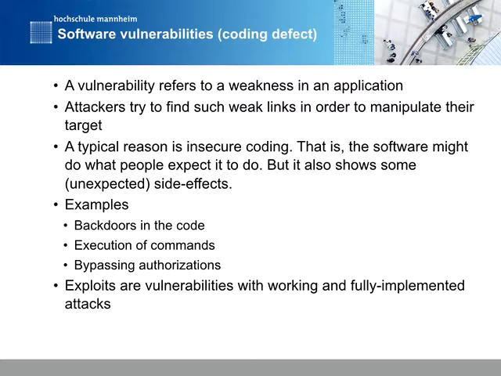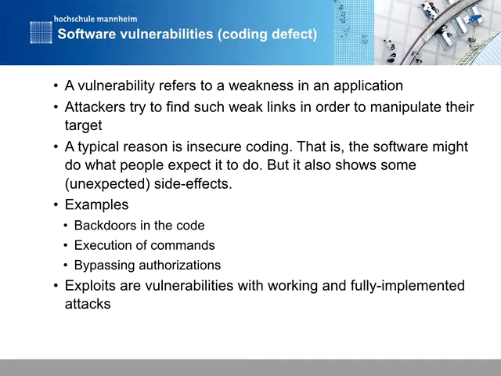Okay, a vulnerability refers to a weakness in an application. Attackers try to find such weaknesses. A typical reason is insecure coding. Elements are backdoors in the code, execution of commands, bypassing authorizations. Exploits are vulnerabilities with working and fully implemented attack.